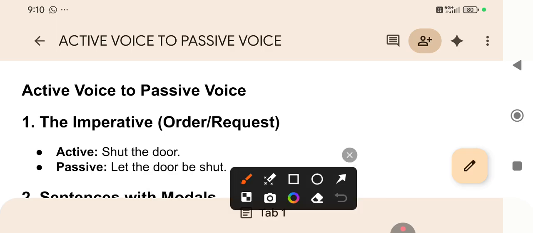So let me remind you once more. The first change is object and subject. Yes, the fifth rule I couldn't discuss. The fifth rule is applicable when the subject is a pronoun, right? And especially when the subject is a personal pronoun.